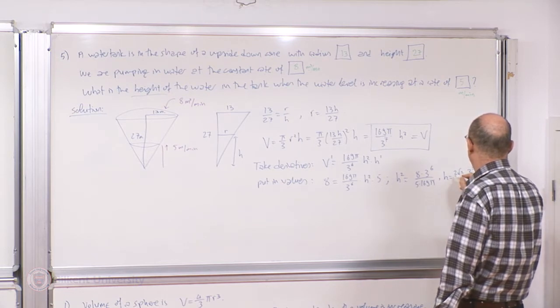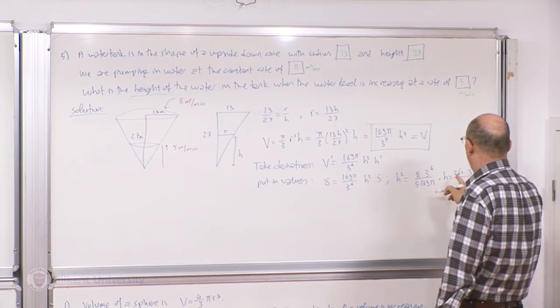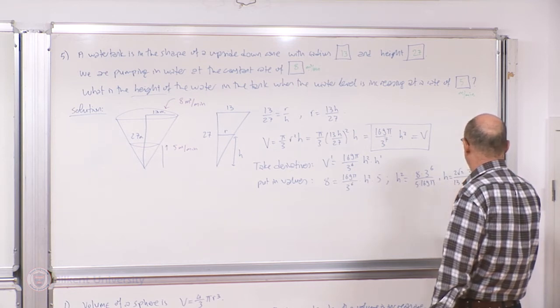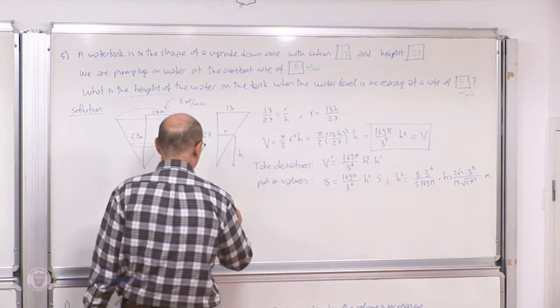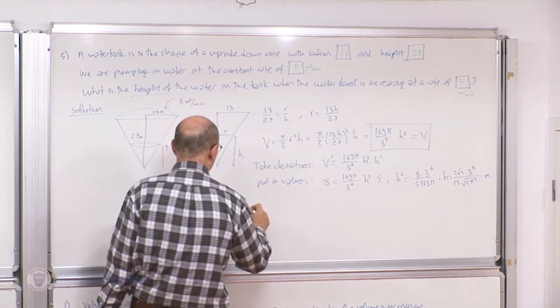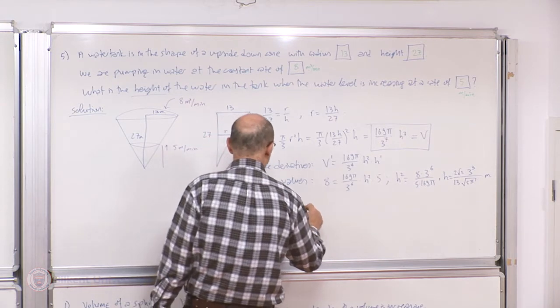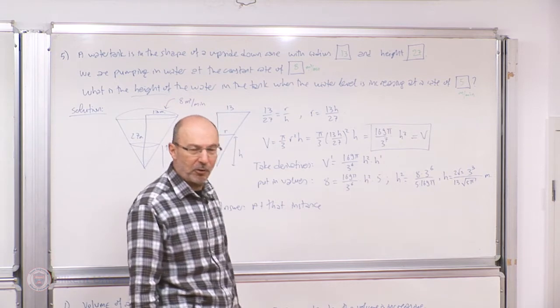Okay, so, and where are we? Well, all of this is squared. Square root of this is 13, 5 pi meters. Okay, so the answer at that instance, okay, so let's use a different word to show off our vocabulary.